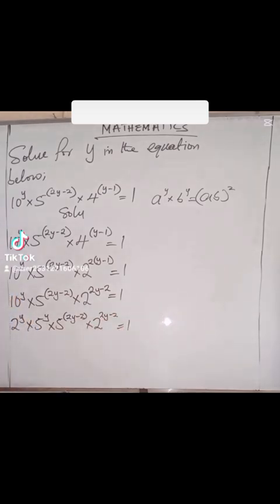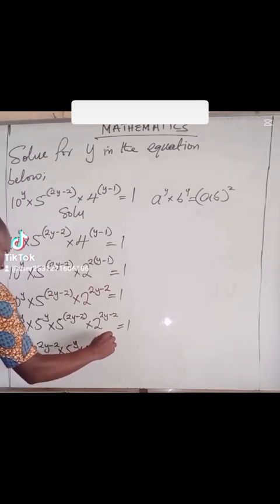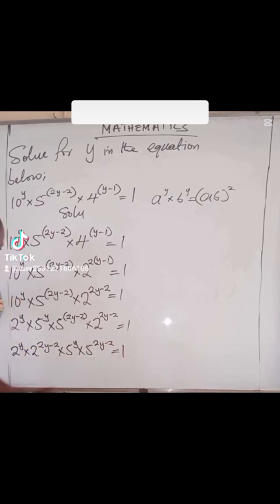Now, there's something else I'm going to do. I'm going to collect all the bases that are the same. So I'm going to say 2^y × 2^(2y − 2) × 5^y × 5^(2y − 2) = 1.